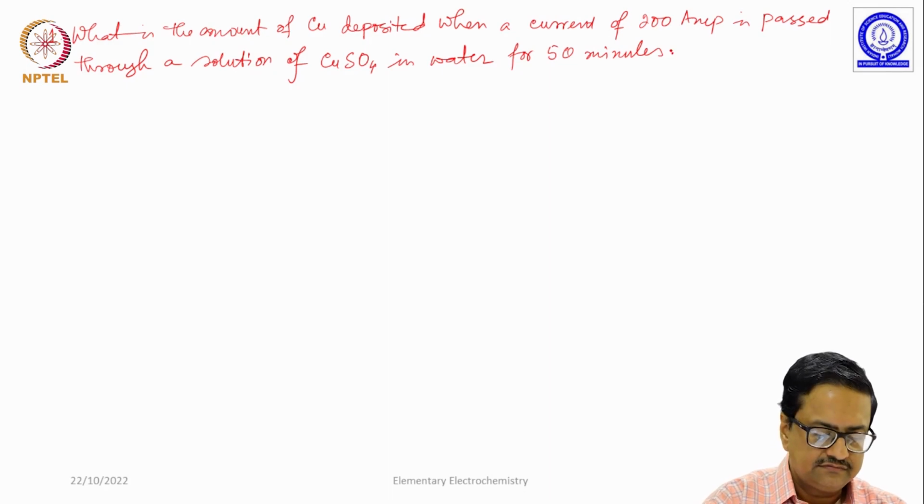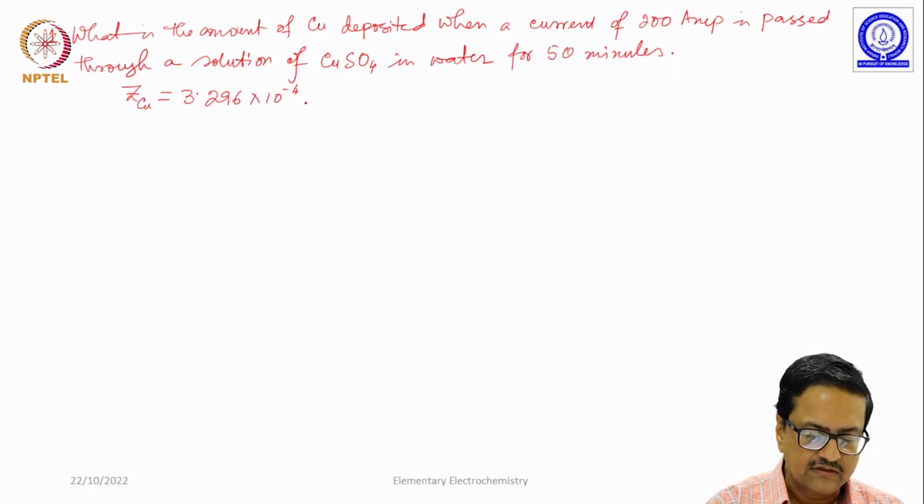Given is that the electrochemical equivalent Z for copper is 3.296 into 10 to the power minus 4 grams per coulomb.